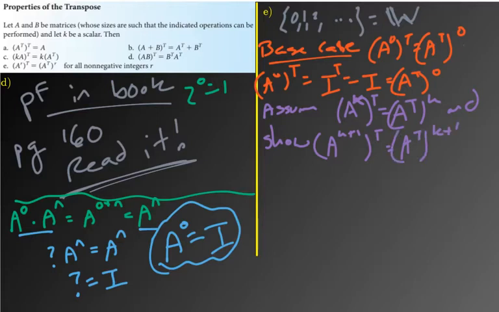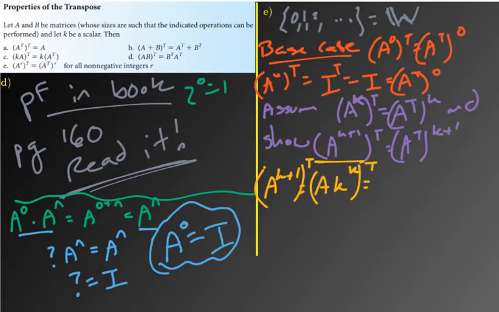All right, so again, classic induction trick. Start with this. A to the k plus 1 would equal A times A to the k. And then I'm going to use the inductive step. So I want the transpose there.